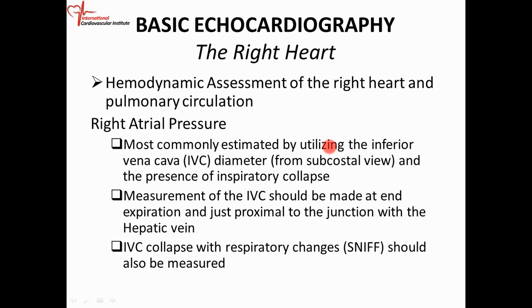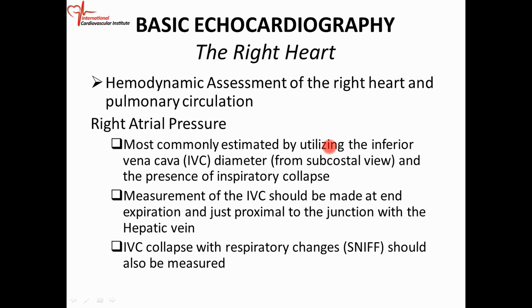Okay? And when you get your TR envelope, there's time on the horizontal axis and velocity on the vertical axis, and we get our envelope. So if you remember the modified Bernoulli equation, gradient is equal to 4v squared, where v is the velocity. So you can get the gradient across a tricuspid valve.